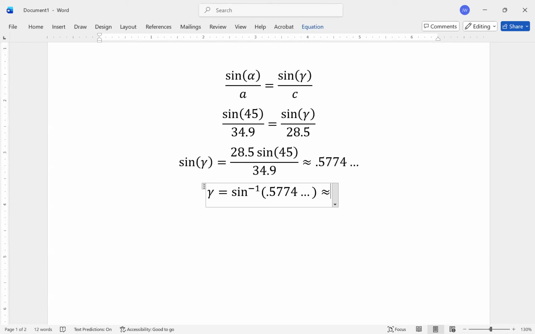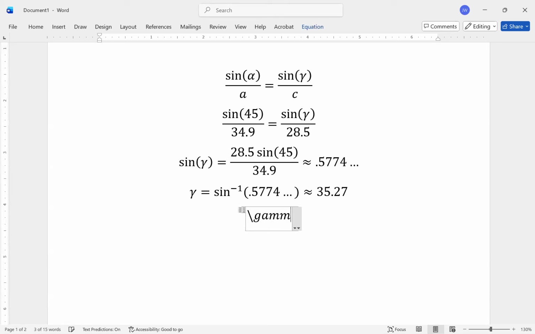Inverse sine of the exact value gives me 35.27 roughly. The other is the supplementary angle, 180 minus the sine inverse of that 0.5774 number. Again, we're using exact angles here.